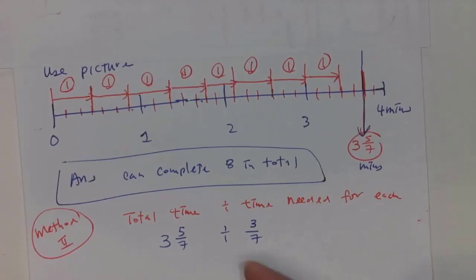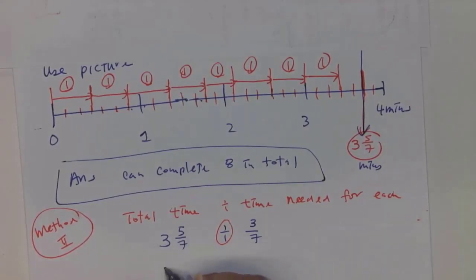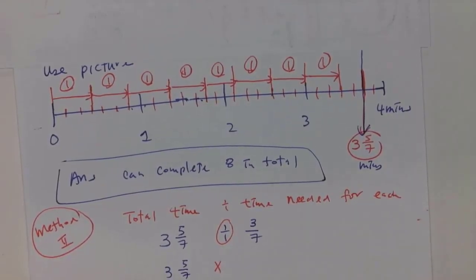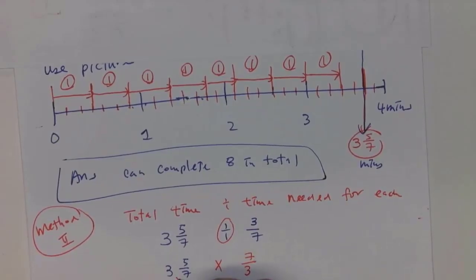Anyway, how do I divide this if it's a regular way of division? You have to change it to multiplication and flip the second, but still that's going to be a problem, right? Because that's mixed fractions. So what do I do with that? Turn it into an improper fraction, so you need to multiply and add.